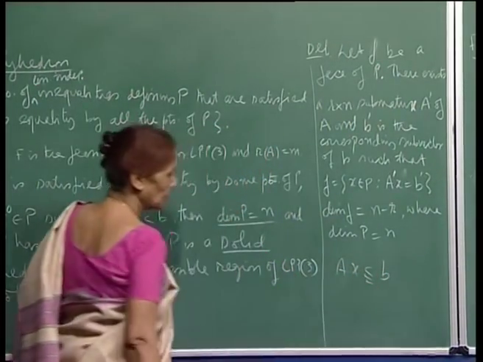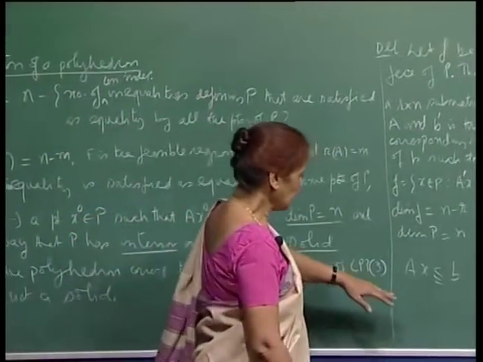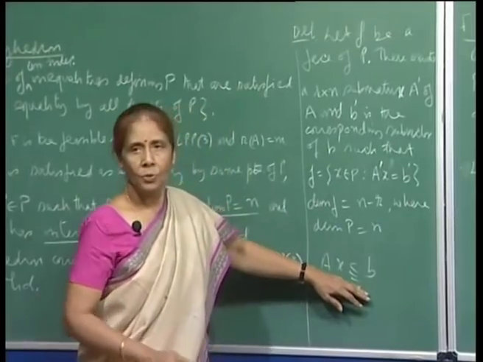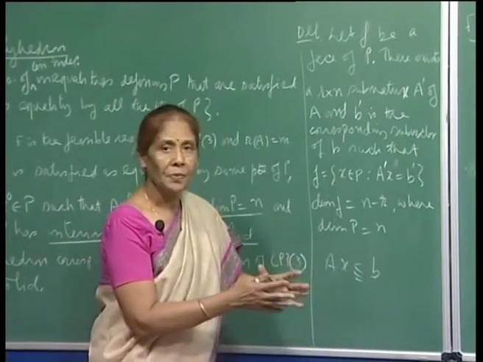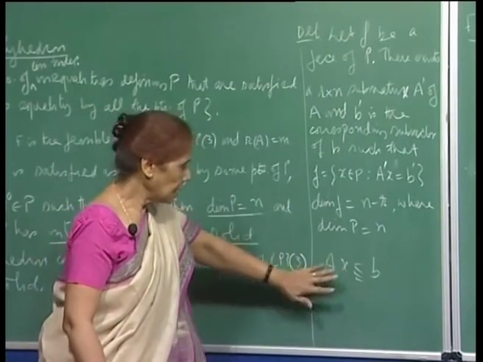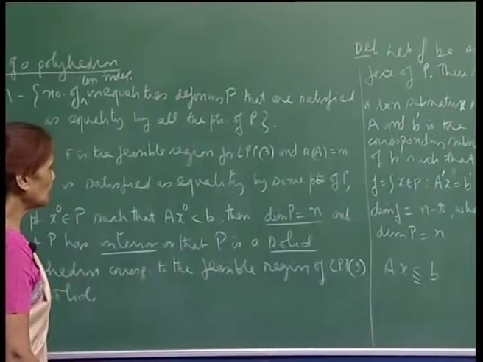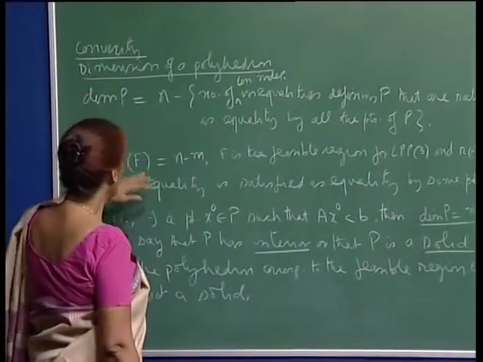I am calling these the defining inequalities, and I had told you there is a concept of a minimal number of inequalities defining a polyhedron. But anyway, let us hope that we have a minimal representation.